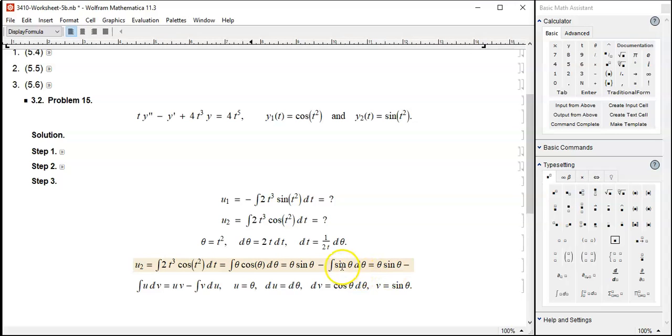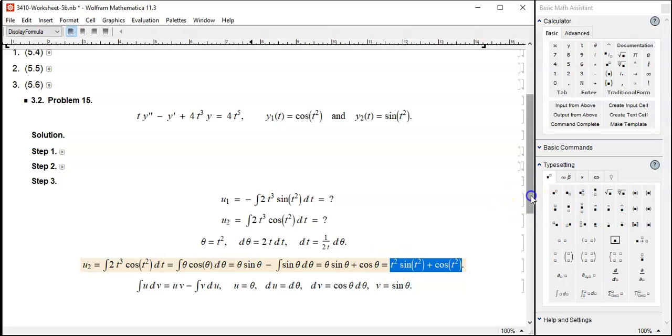Minus, what's the antiderivative of sine? Negative cosine, so we get that. One more step is necessary, because theta is t squared, so this is t squared sine of t squared plus cosine of t squared, and that is my u2.